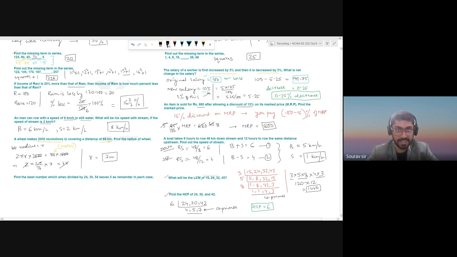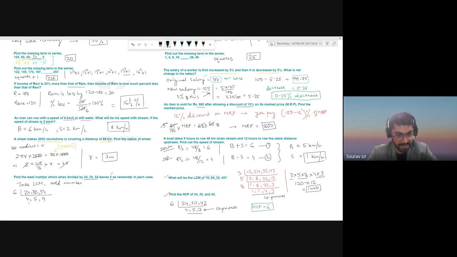The last one from this section, you have to find the least number which when divided by a few numbers gives 5 as a remainder. So this is the procedure for this sum: take the LCM, add the number 5. The LCM of 24, 30 and 54 would be, take 6 as the common factor. So you're going to be left with 4, 5 and 9. So these are all co-prime, right?